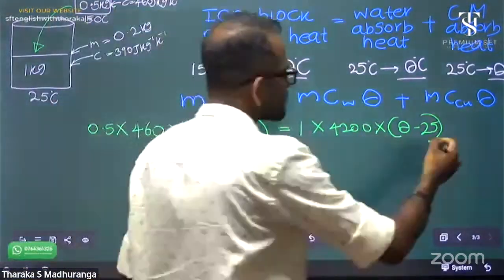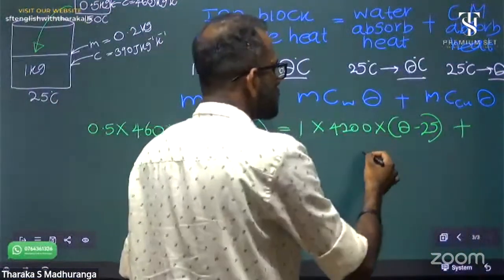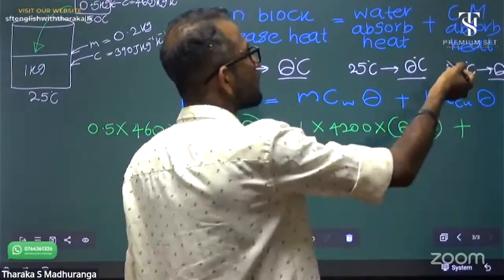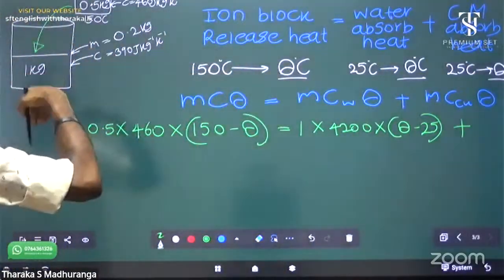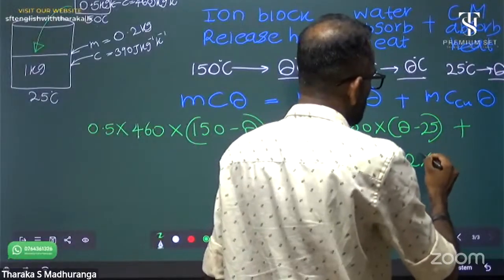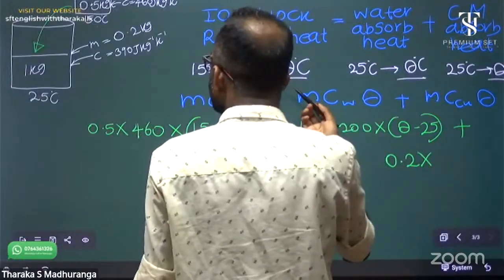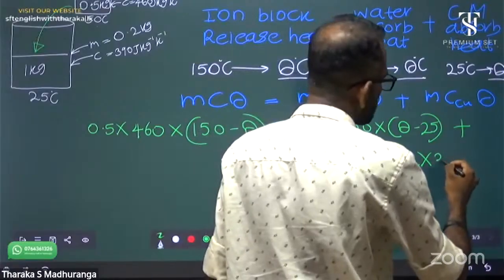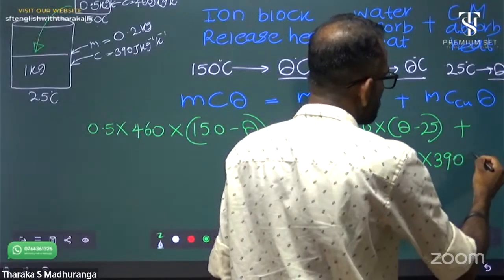Then plus the mass of the calorimeter, which is 0.2 kilogram, into the calorimeter's specific heat capacity, that means copper, 390.